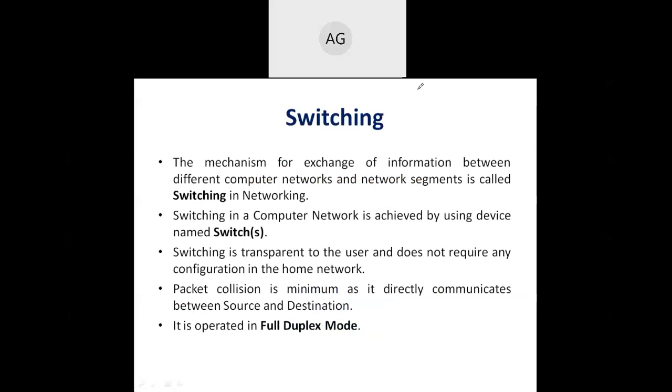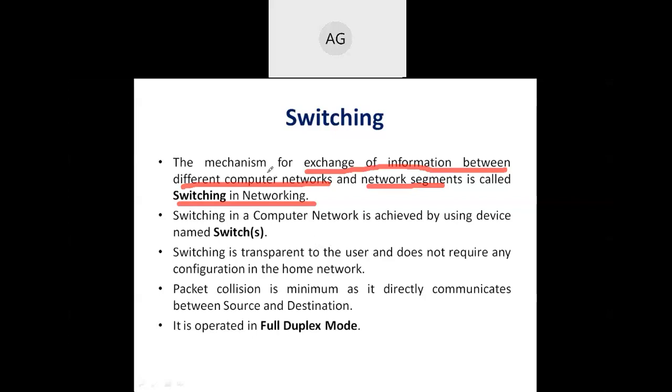The mechanism for exchange of information between different computer networks and network segments is called switching in networking. Basically it is meant for the exchange of information between different computer networks.